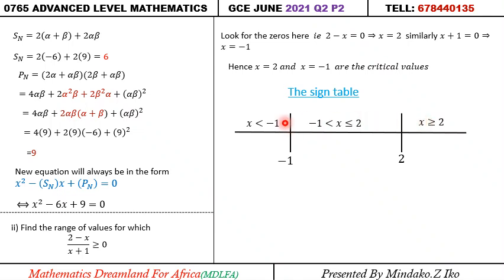Anyways, I've divided my range into 3 parts. This is my first region, this is the second region, and this is my third region. These are values of x which are to the left of -1, and this second region means we are looking for values of x which lie between -1 and 2.